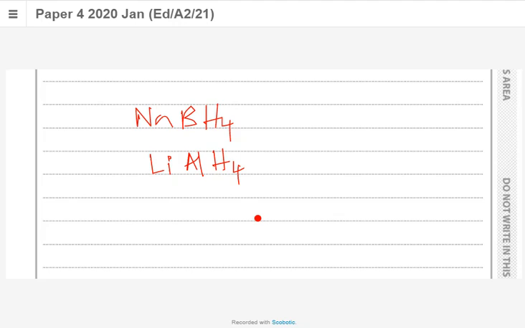Sodium borohydride is also known as sodium tetrahydroborate, that's another alternative name. Lithium aluminium hydride is also known as lithium tetrahydroaluminate.